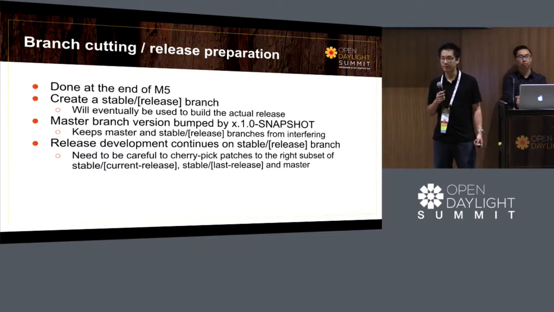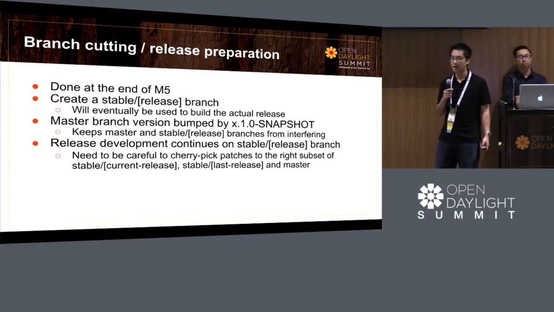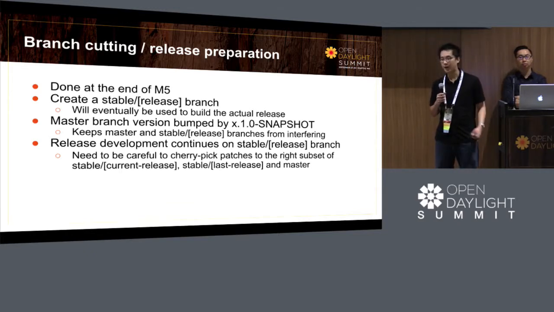And we also version bump our master branch by 0.1.0 to enable any developers who want to start working on the next release while we have feature freeze on our current release branch.